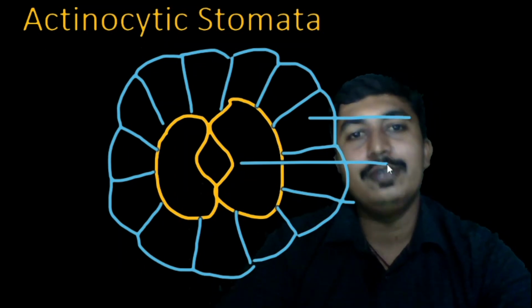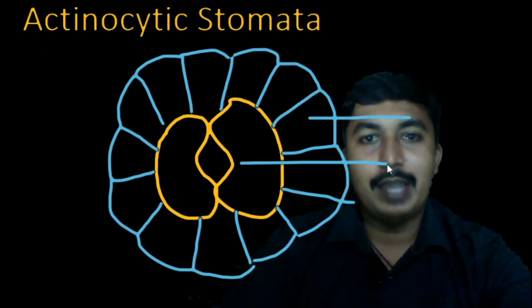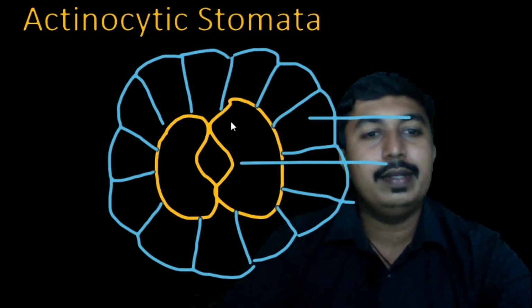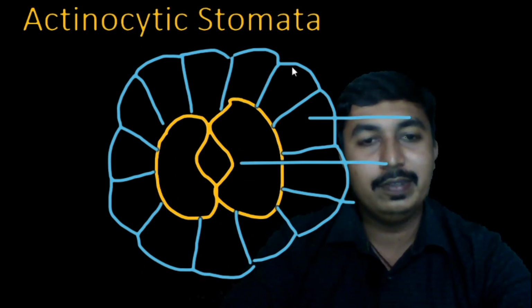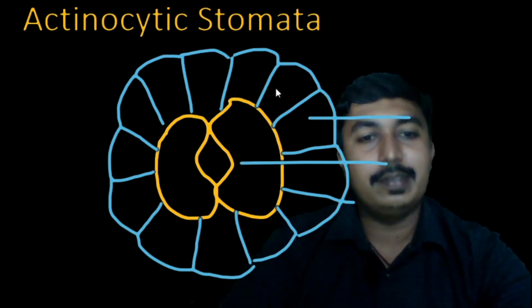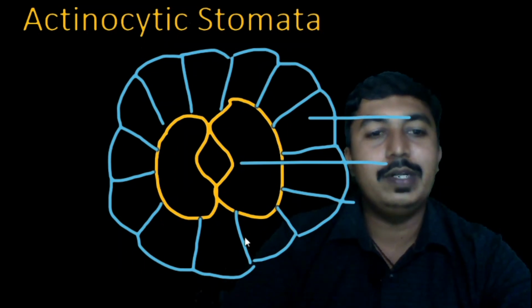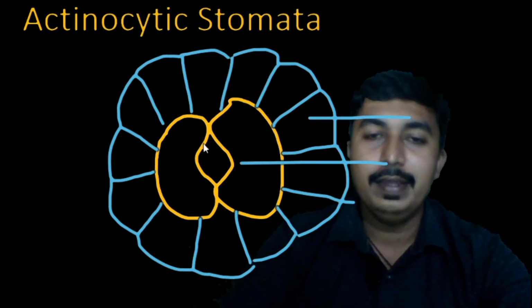In Marathi it is known as charoli. This charoli plant contains such an actinocytic stomata, where the guard cells are surrounded by subsidiary cells, and the arrangement of the subsidiary cells is radial. So, radial arrangement of subsidiary cells around the guard cells.